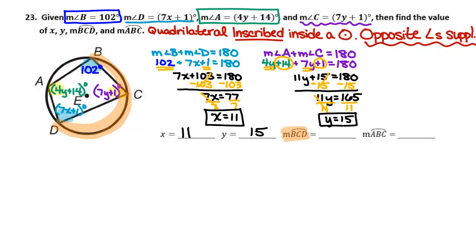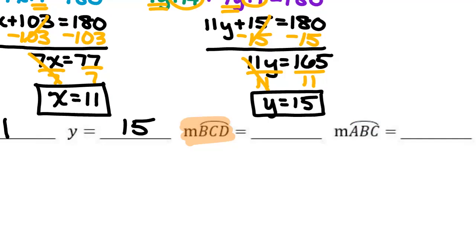What is the inscribed angle that intercepts that arc? Which angle is intercepting that arc? Angle A. Measurement of the angle is equal to half the measurement of the arc.